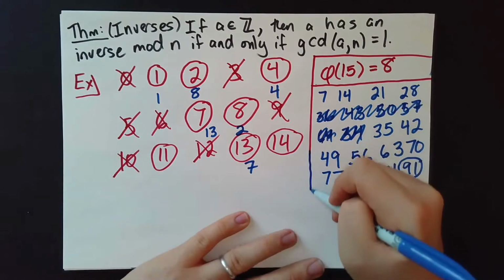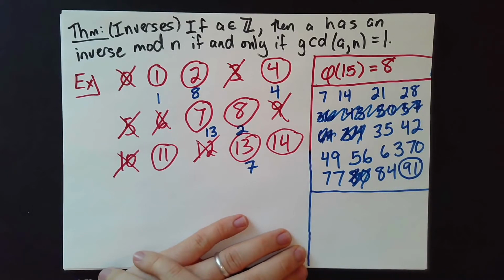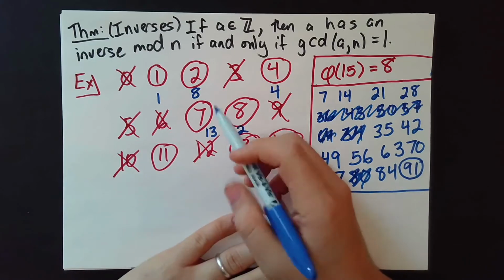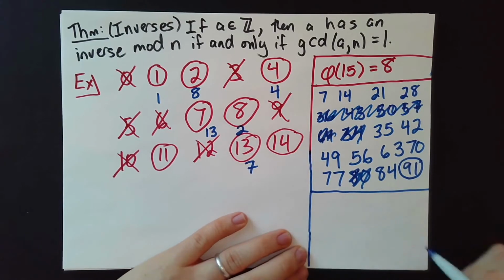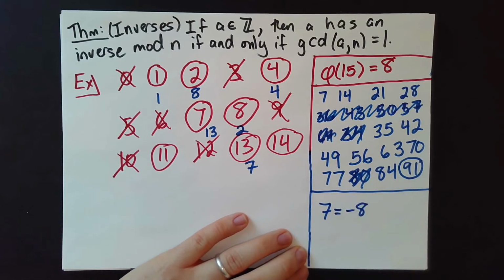Now, I want to point out that was kind of messy. But, as usual, if we're willing to think a bit more and use all the tricks we have at our disposal, this is actually much easier. Namely, what is 7 mod 15? Well, 7 mod 15 is minus 8. Why is that?